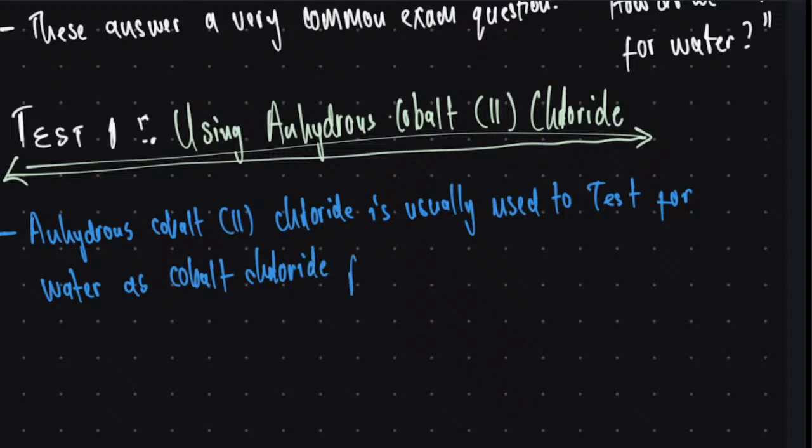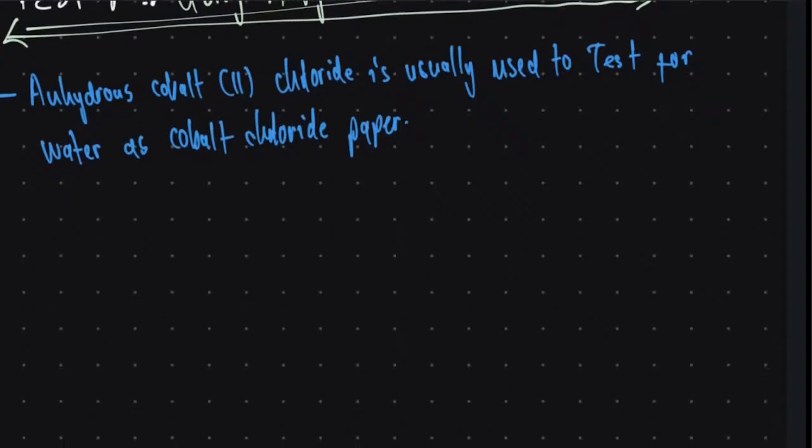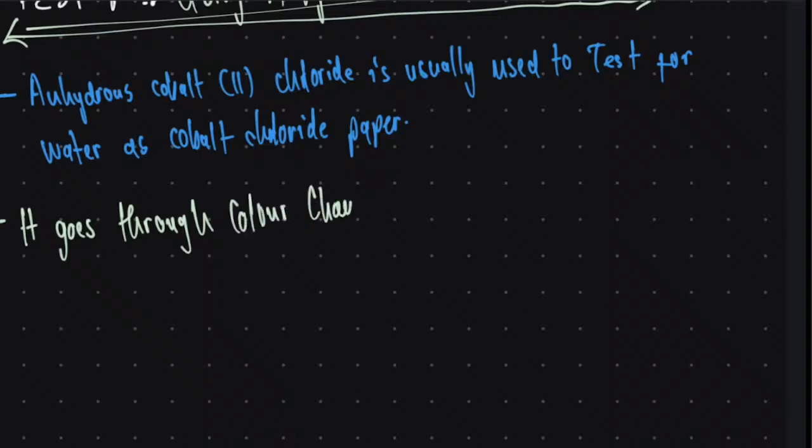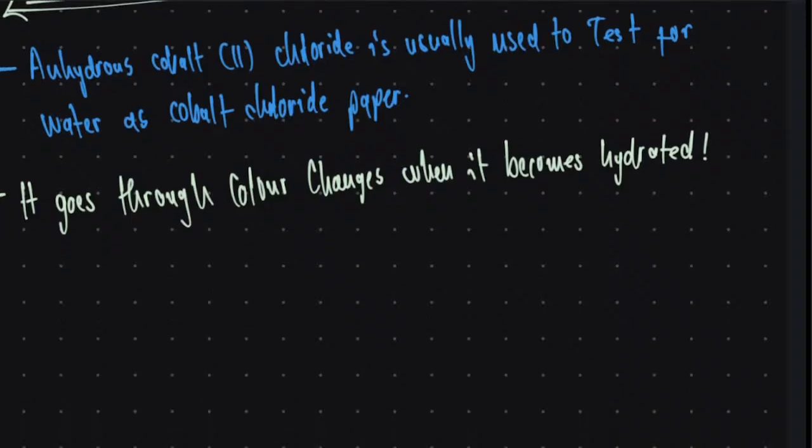You can use cobalt chloride paper. What you must know is that it goes through color changes when it becomes hydrated. Once you add water to cobalt 2 chloride, its color will change.